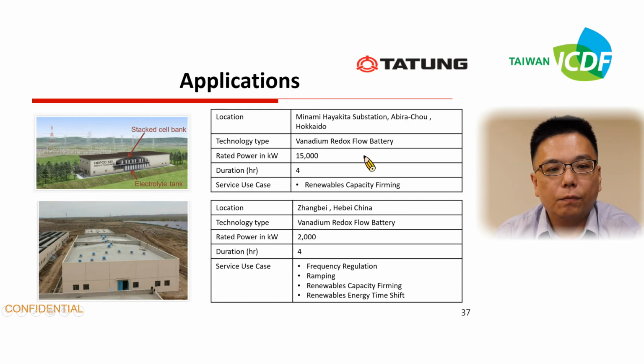Another flow battery is in China, located in the north of China, and its rated power is only 2 megawatt, but the duration is also 4 hours. But the service use cases are more than the Japan case. It can do frequency regulation, ramping, renewable capacity firming, and renewable energy time shifting.